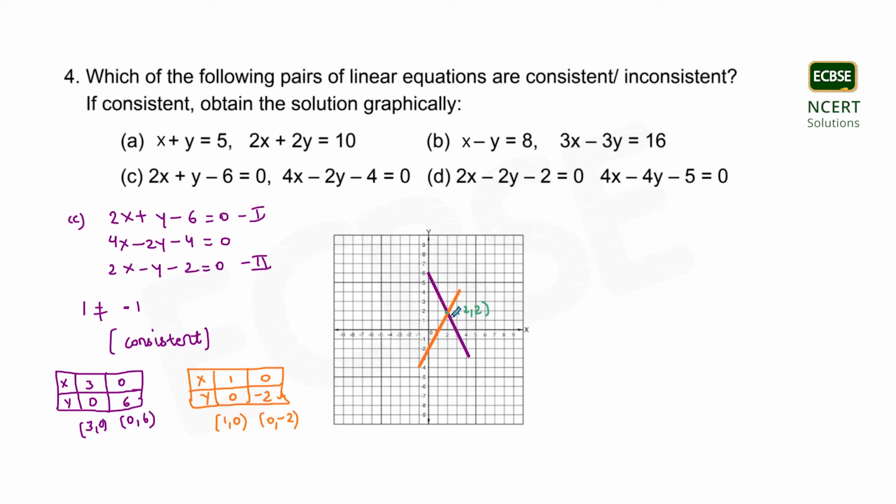Now we will verify whether or not 2, 2 is the intersecting point. Put the value 2, 2 in the first equation. If we put 2 and 2 for the values of x and y in the first equation, the answer comes out to be 0, which means it satisfies the first equation. Now again put the value 2, 2 in the second equation.